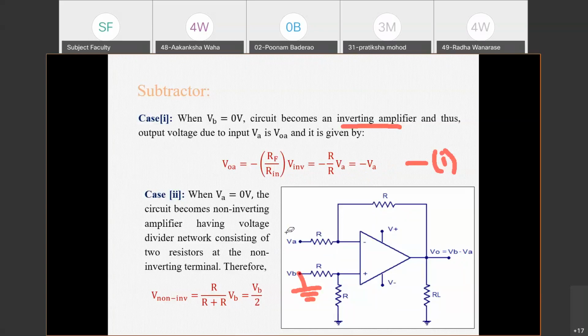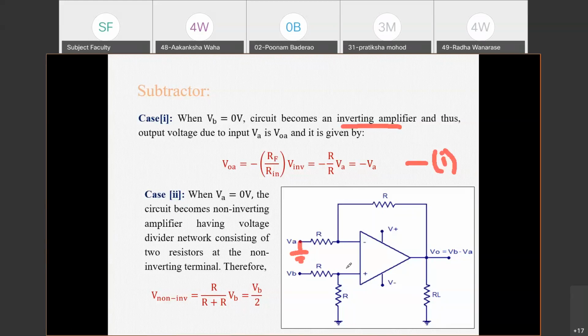So what will happen in case number 2? In case number 2, VA will be grounded, and now your input will be VB. So this circuit is nothing but a non-inverting amplifier, because the inverting terminal is grounded and you are giving input to the non-inverting terminal.